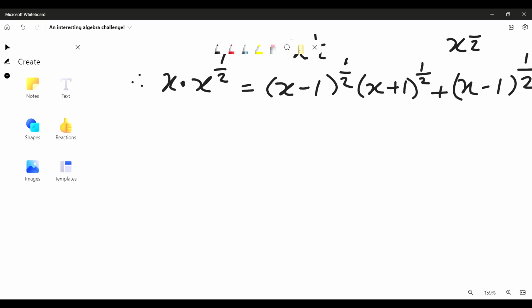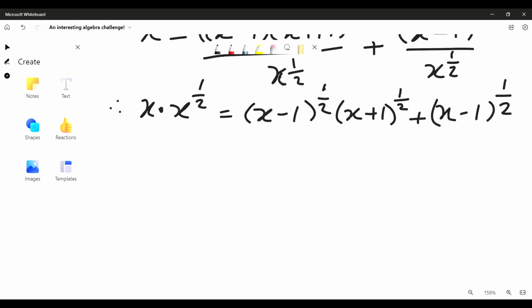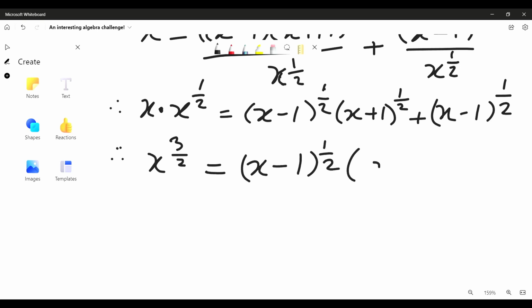On the left-hand side it's just x times x to the power 1 over 2, so we have x to the power 1 plus 1 over 2, so x to the power 3 over 2, is equal to, I'm also going to factor out x minus 1 to the power 1 over 2, so I get x plus 1 to the power 1 over 2 plus 1.